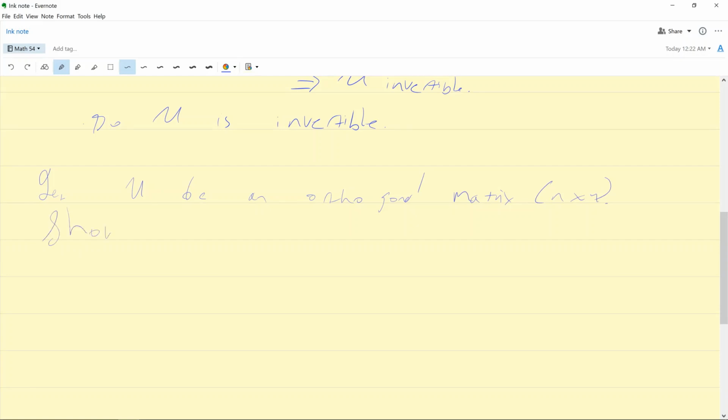So we want to show that the rows of U form an orthogonal basis for R^n. And this one is going to be 28 from 6.2.